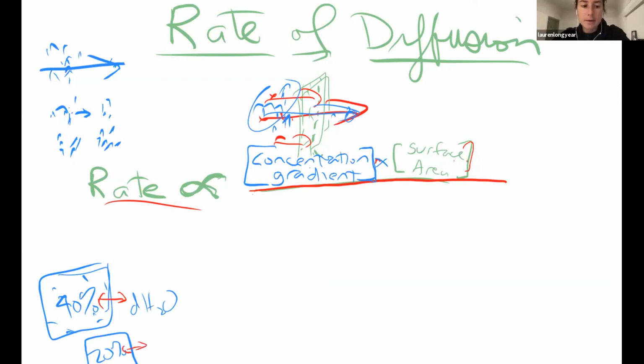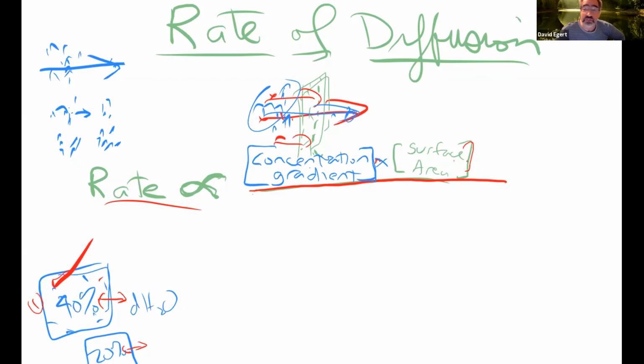The 40%. Yeah, the 40%. The difference between 0 and 40 is way higher than the difference between 0 and 20. It's twice as large of a gradient. So in which of these cases are we going to expect a faster diffusion rate or faster osmosis rate? Yeah, exactly. So you want to keep that straight.